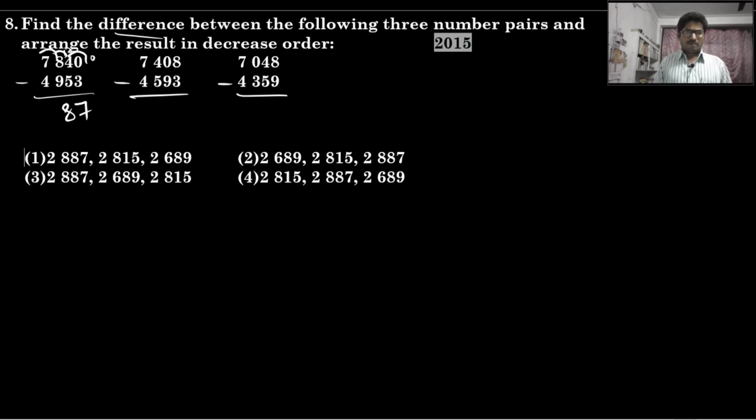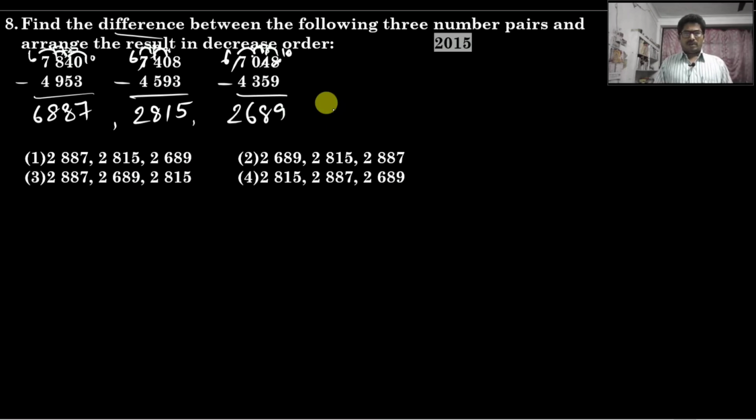Here 7 only. 17 minus 9, 8, 6. 8 minus 3, 5. 10 minus 9, 1. 13 minus 5, 8. 6. 6 minus 4, 2. 18 minus 9, 9. 13 minus 5, 8. 9 minus 3, 6. 6 minus 4, 2.